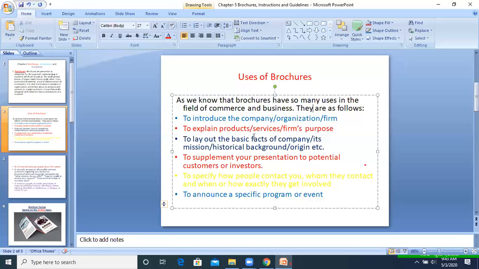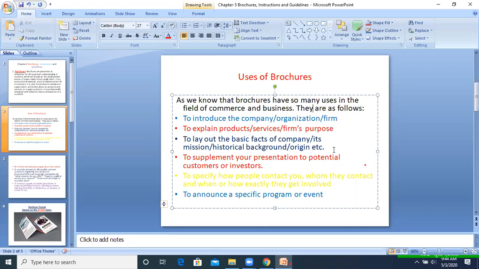Next one, to lay out the basic facts of the company, its mission, historical background, origin. We don't know when the company started. If we are outsiders, we don't know any company throughout the country. Suppose, for example, Manakamana Cable Car, this organization. When did it start? I don't know it actually.